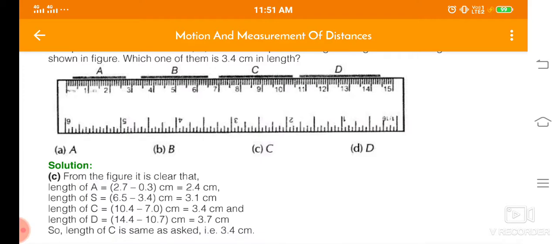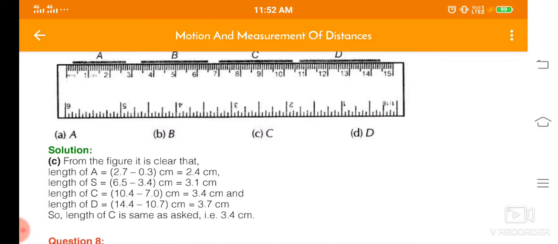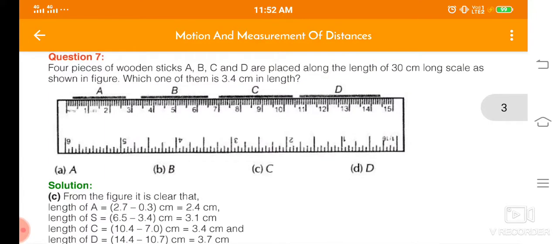Length of C equals 10.4 minus 7.0 centimeter equals 3.4 centimeter. And length of D equals 14.4 minus 10.7 centimeter equals 3.7 centimeter.